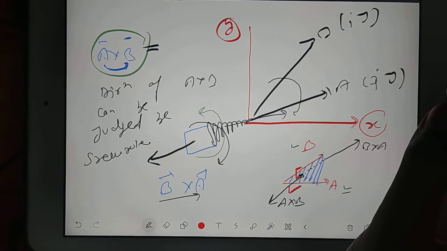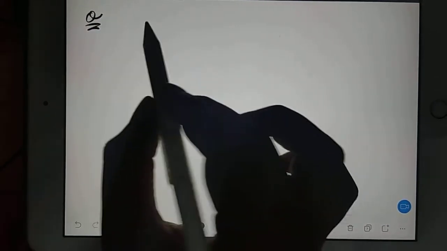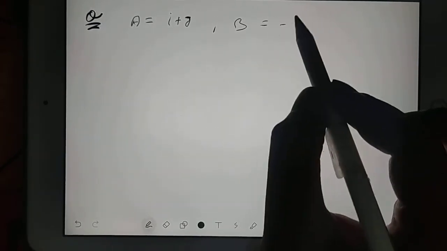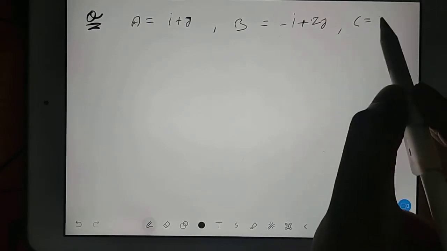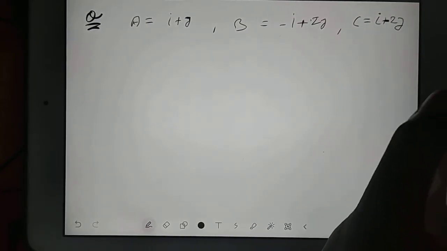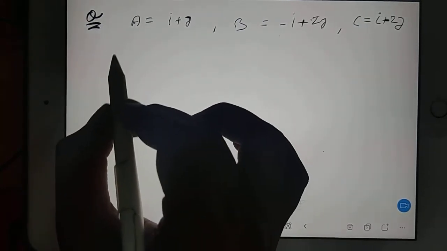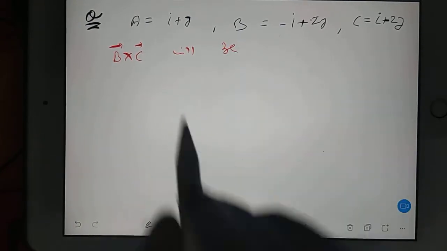Okay. Now based on this, we'll solve one question. Suppose I am giving you vector A is equal to i plus j, vector B is equal to minus i plus 2j, vector C is equal to i plus 2j, and vector B cross C will be.